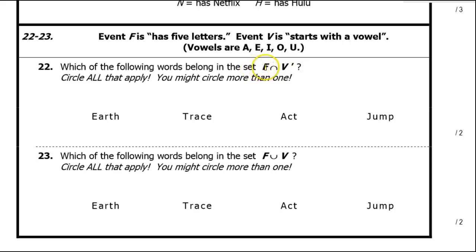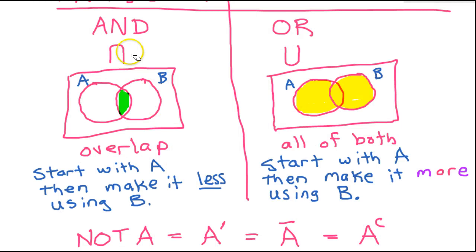There's a strategy where no matter what, you start by highlighting the first set. Then you're either going to add more or narrow it down from there. So how do I know if I'm going to add more or narrow it down? Well, if it's an AND problem, then I'm going to start with the first set, and then I'm going to make it less.